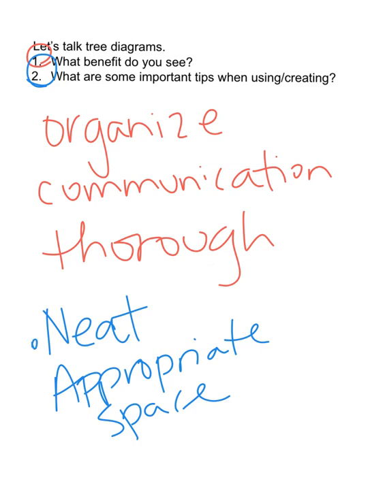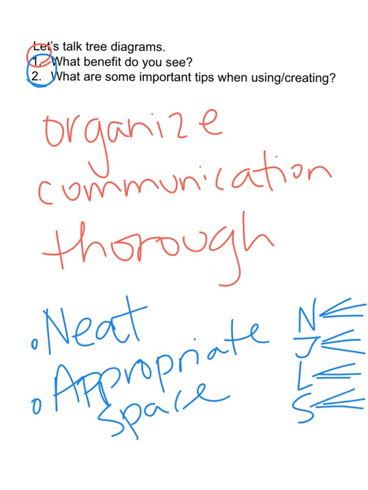So appropriate space is huge because things can very easily become jumbled together. If I had originally just written seat one as Naya, Jules, Leo, Sally this close together, it would have been impossible to have had things come off of it and then not intersect over in the other side of the page. So spacing yourself out is really important.